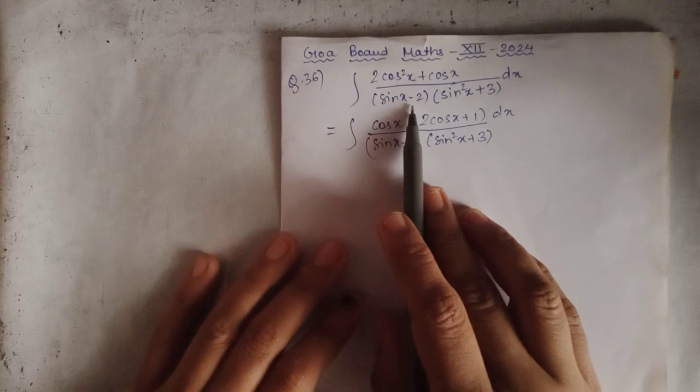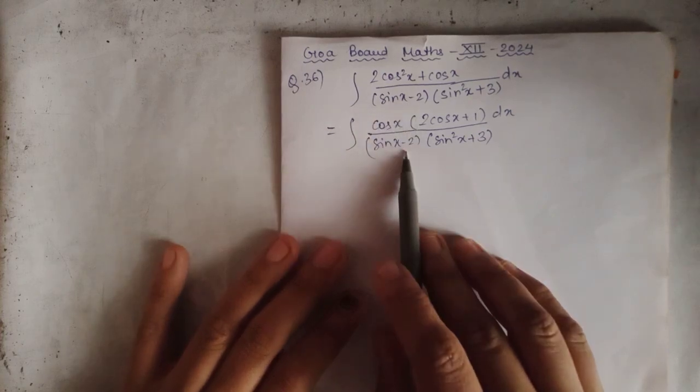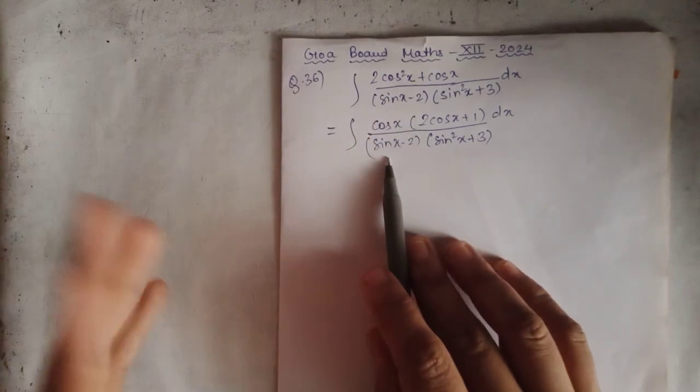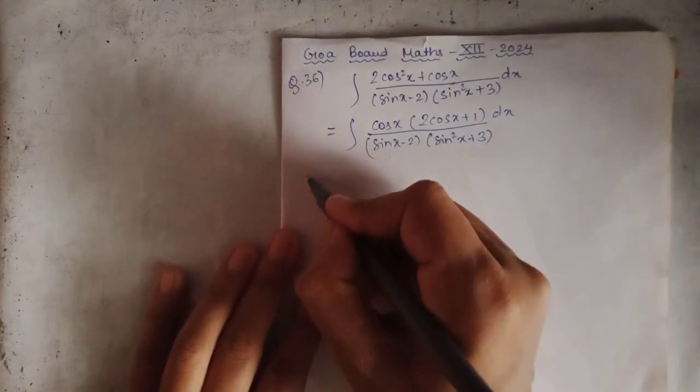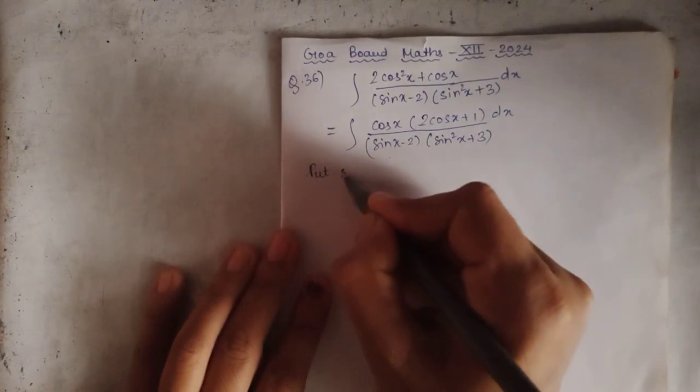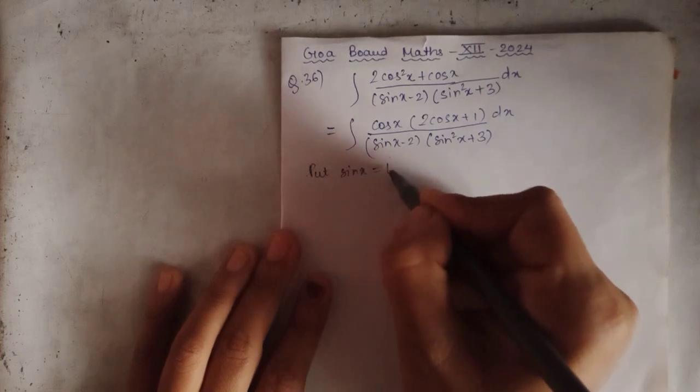If we look at the denominator, we can convert this into partial fractions. By substituting, put sin x equal to t.